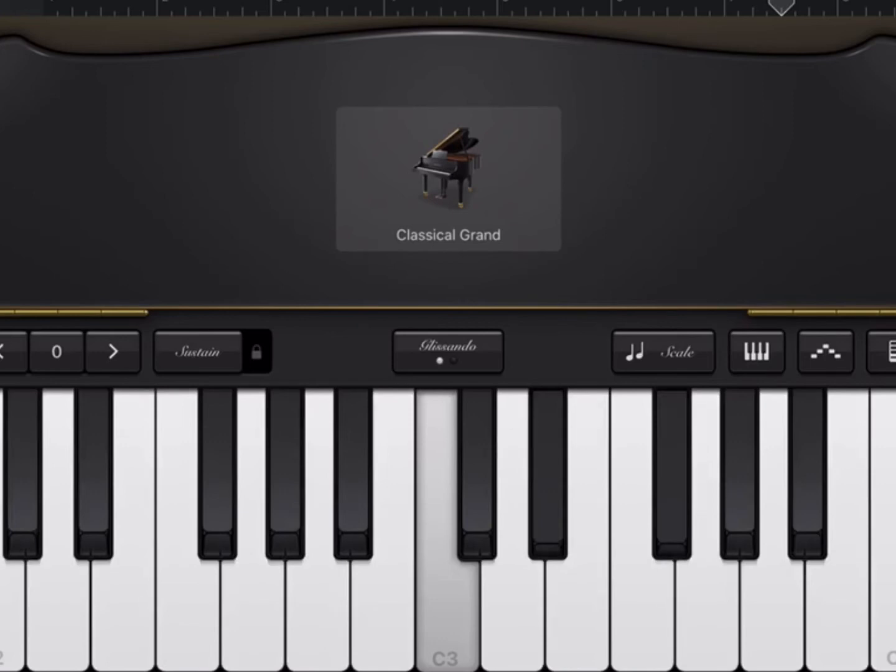Ooh, that sounds really unnerving. So now we have 2 minor thirds built on top of each other. And here are a couple of other examples. The E diminished triad.